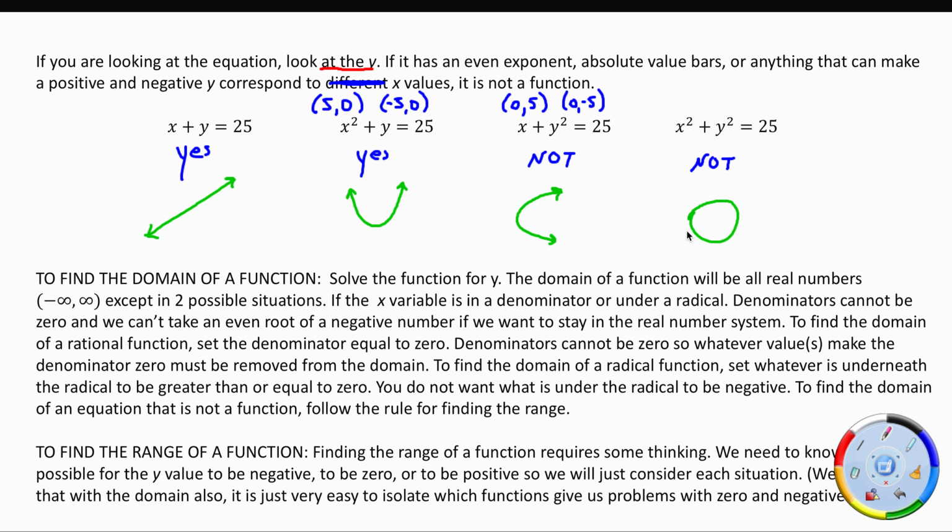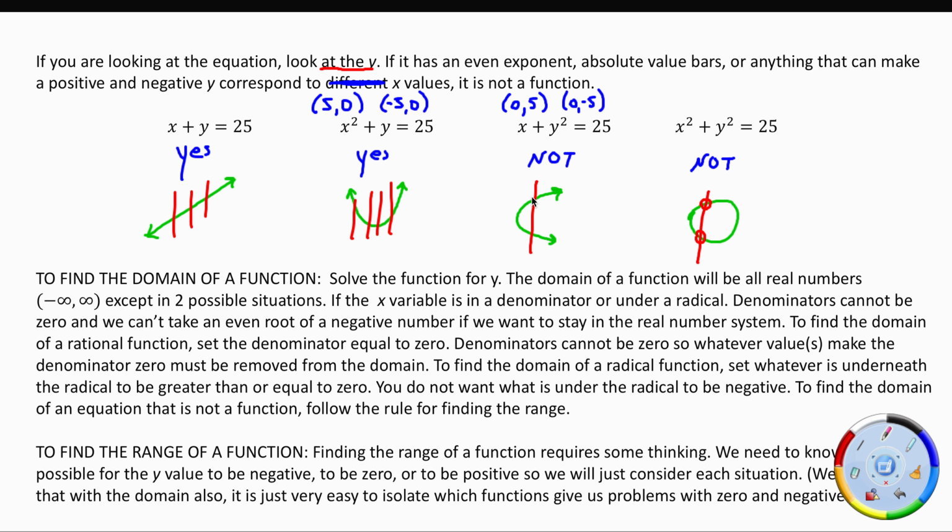So to recap one more time, if you're looking at a list of coordinates, look at the x values. As long as they're different, it's a function. If any of them are the same, then look to see if they go to different y's. If they do, it's not a function. If I'm looking at the graph, do the vertical line test. As long as it only crosses the function one time, it is a function.